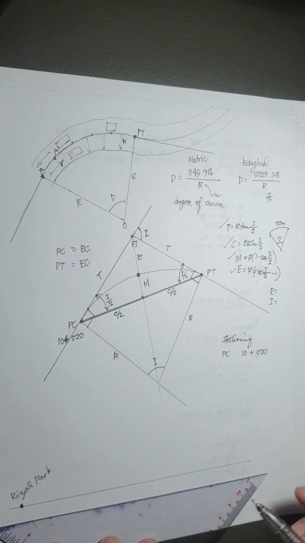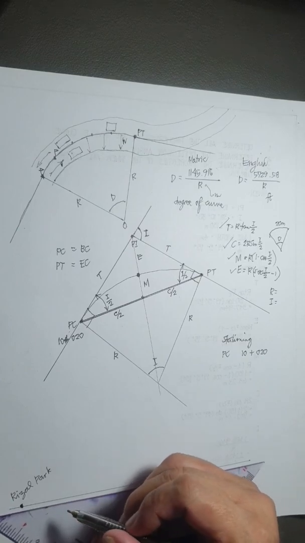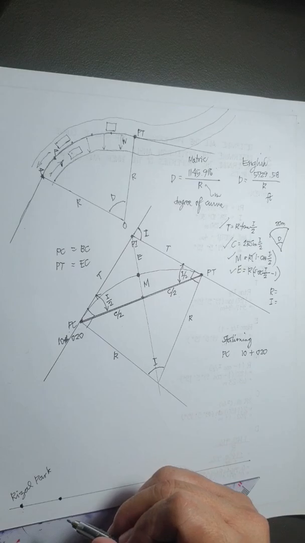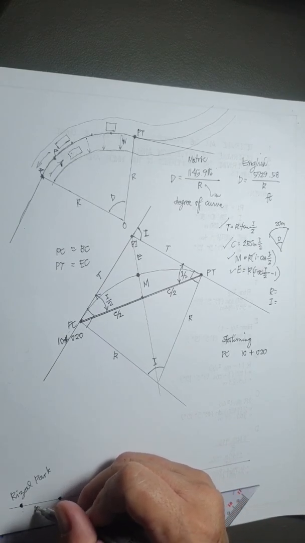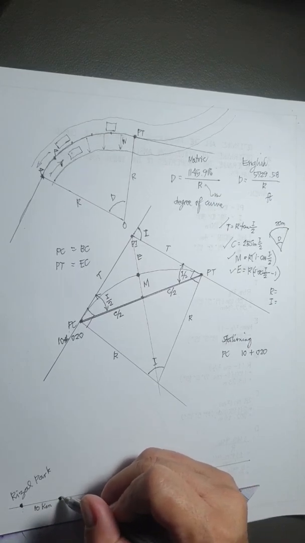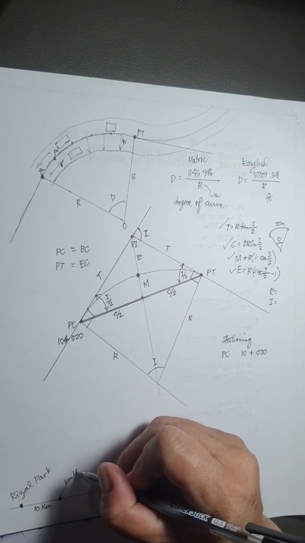So, pag kinonsider mo na ngayon yan, you have this point. Yung bawat isang point na yan, pwede kang mag-identify na this is, say, 10 kilometers away. So, this one will be known as your kilometer 10.